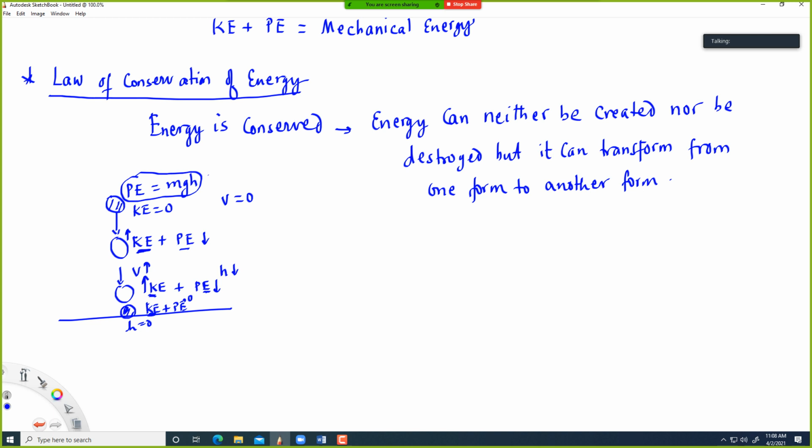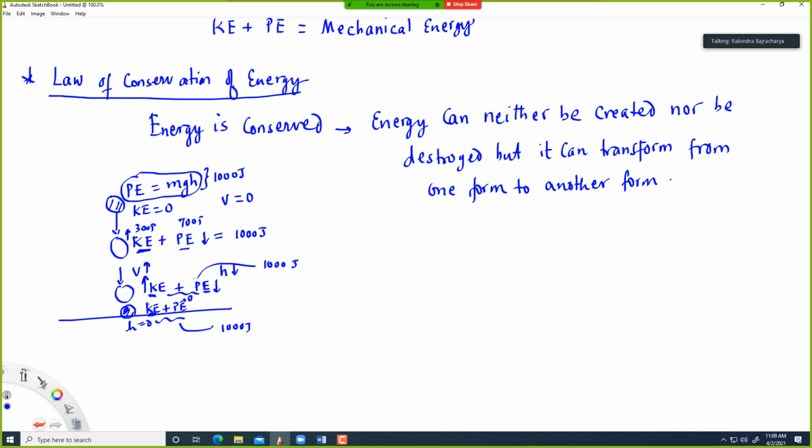So if you start with 1000 joules, here if you total that, you'll still have 1000 joules. Here if you total these two, you'll still have 1000. Here still 1000. So the total energy doesn't change. What changes is the form of energy. Here all the energy is 1000 potential. Here you may have 700 potential and 300 kinetic.